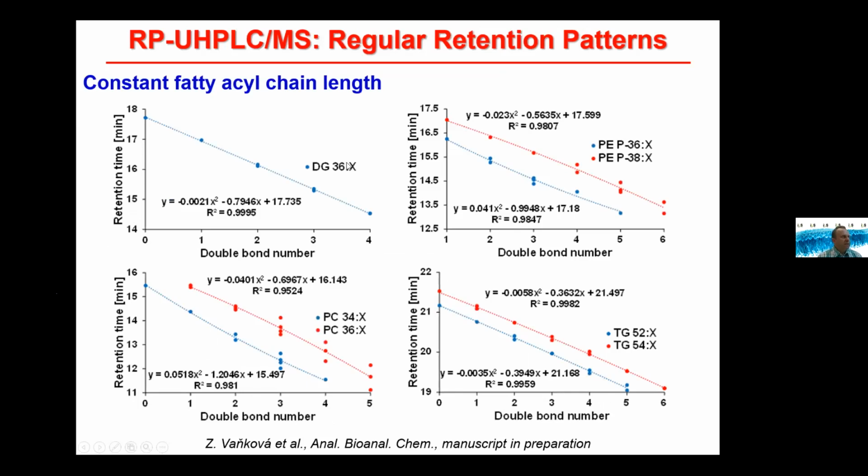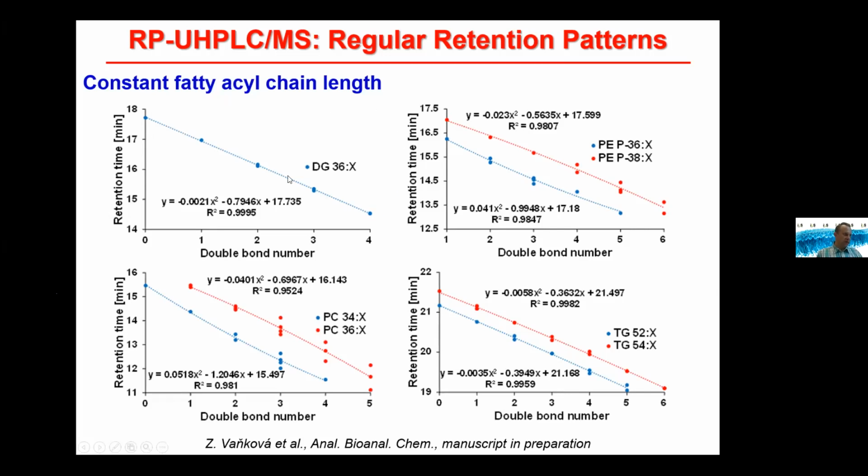And concerning the confidence of identification, I would definitely emphasize the role of regular retention behavior of lipids. It may be used for both lipid class and lipid species separation methods, but in the case of reverse phase chromatography, these dependencies are the best, I would say.